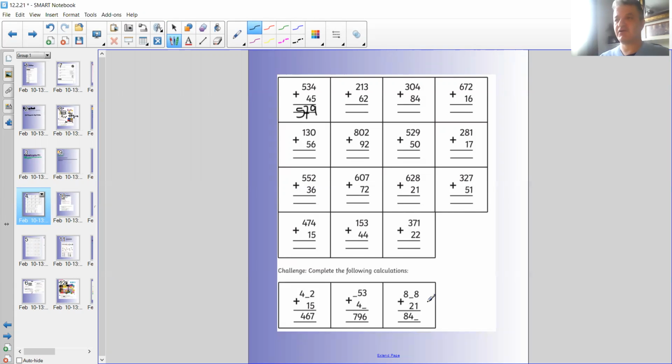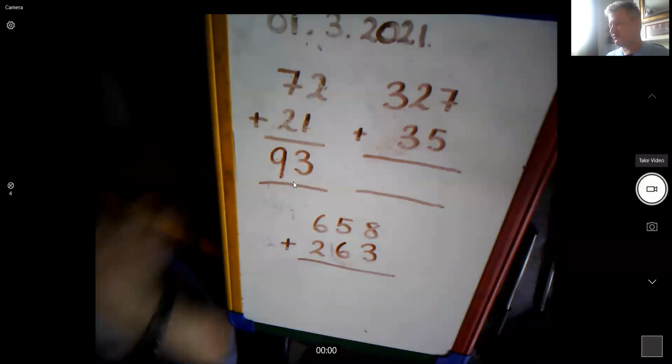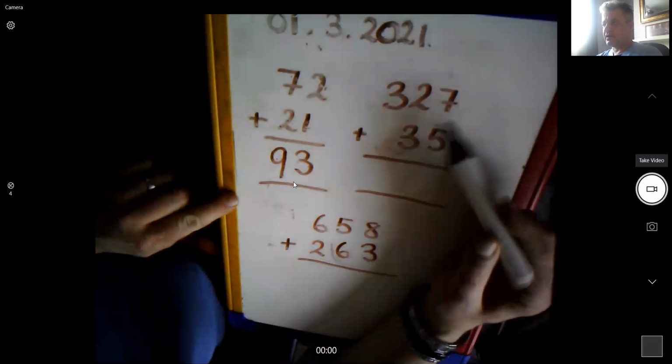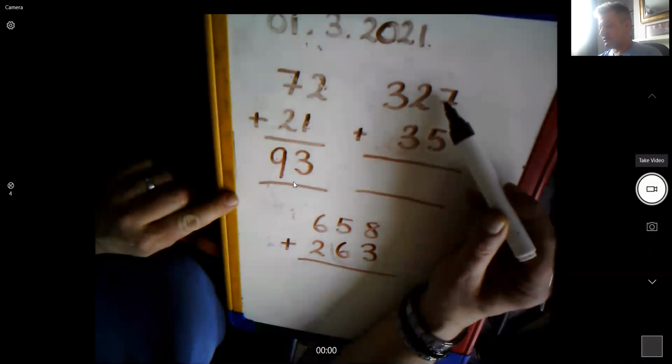Okay, so where do we go from there? We move on to regrouping or renaming. So we're just going to have a look at one of those questions. I'll do one on the whiteboard for you. So here we have one. I've got this question.